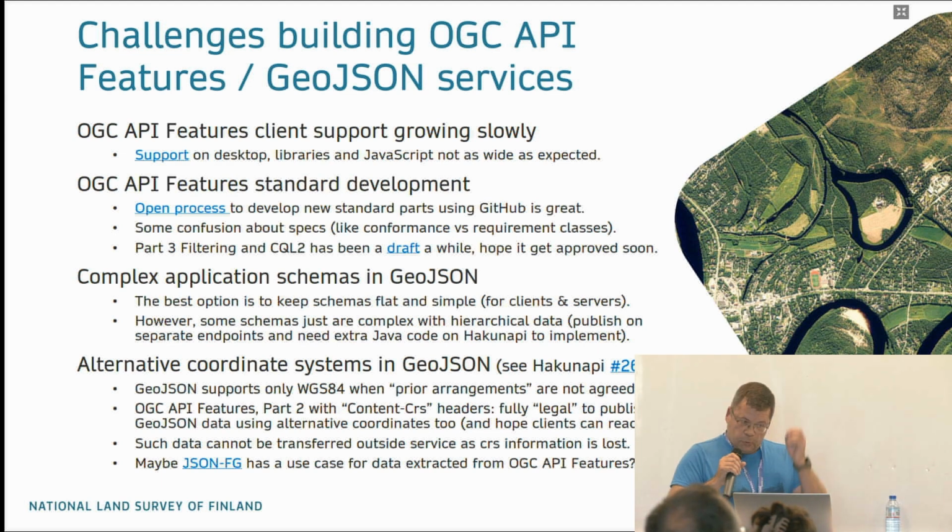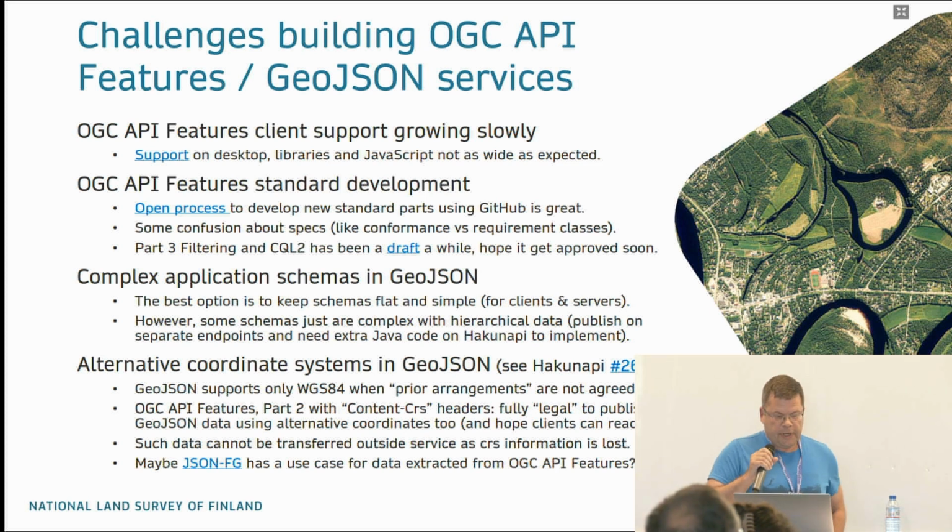But the standard's part 2 has a mechanism to announce information or metadata about what the coordinate system is and what the axis order is on those coordinates. So it is possible to publish with an alternative coordinate system too.